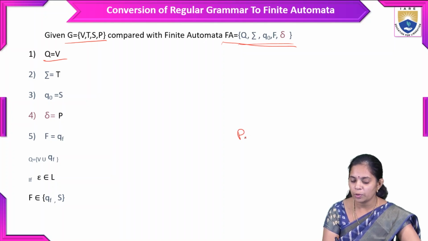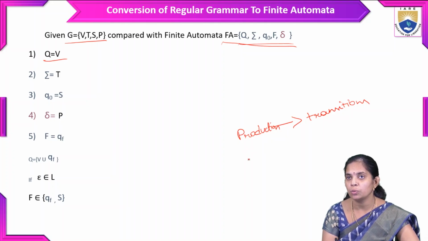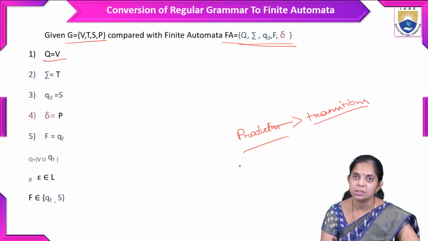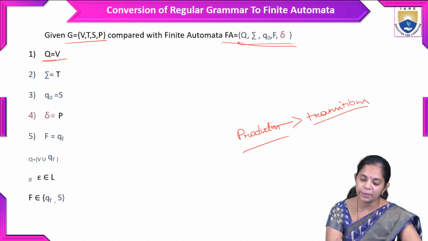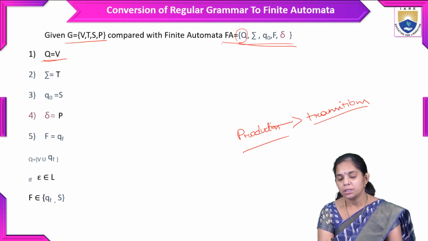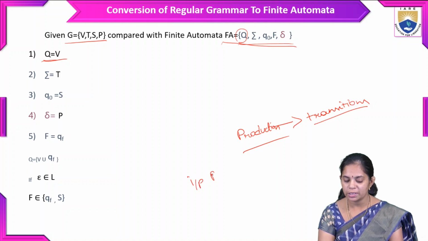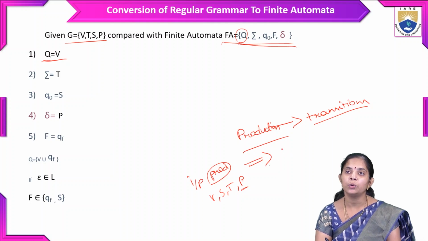Whenever we are given production rules, we need to convert them to transitions. The first input is the production rules, the V, S, T, P production rules, and these are going to be converted into transitions.